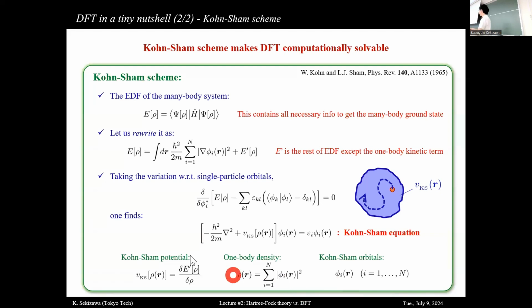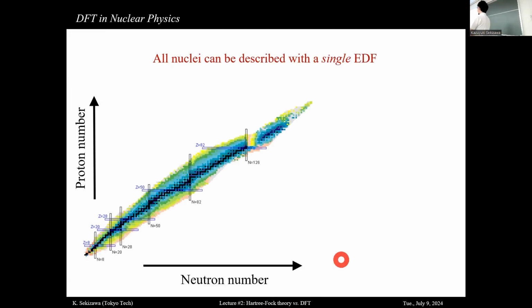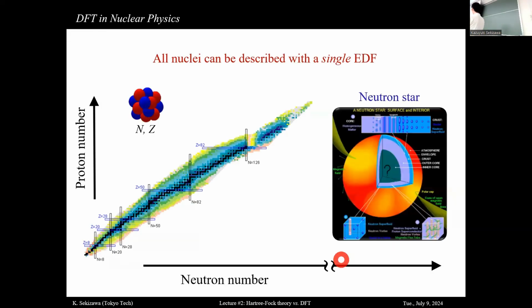By solving this Kohn-Sham equation self-consistently, which is very similar to the Hartree-Fock equation, we can get the exact energy and the density for the many-body Schrödinger equation. I showed that this DFT works very well in the case of nuclear many-body problems also.